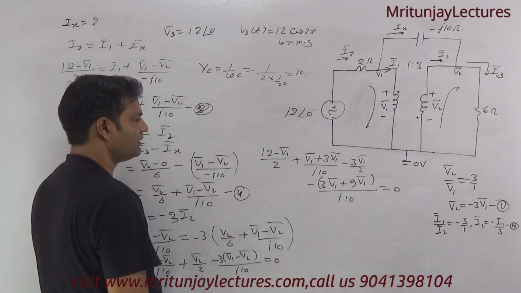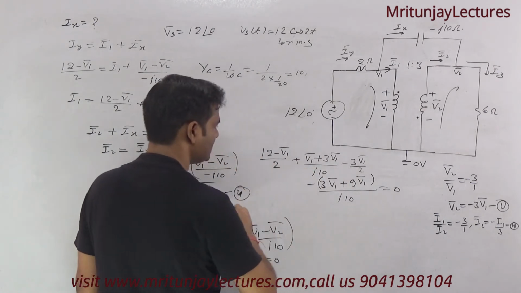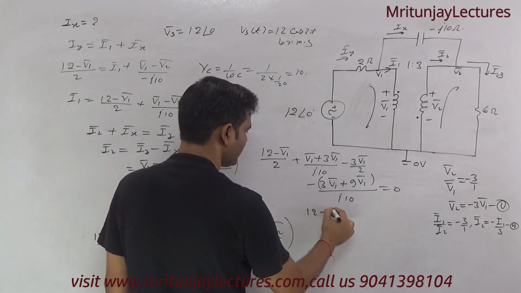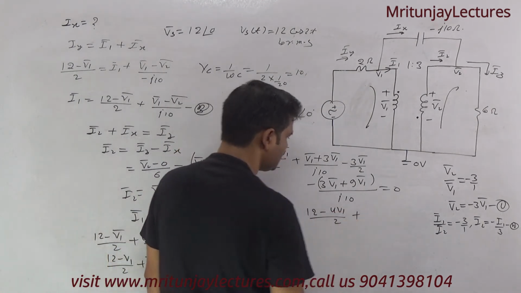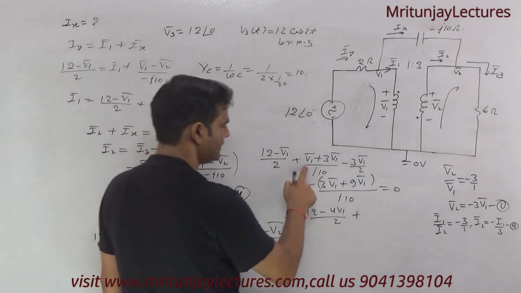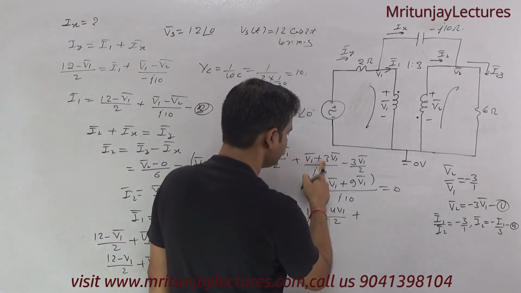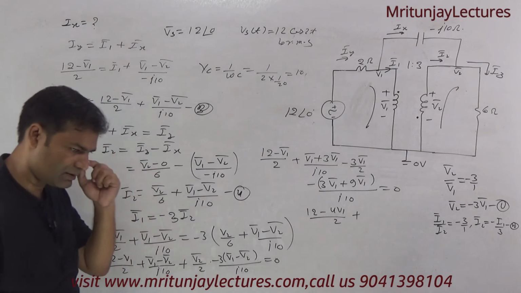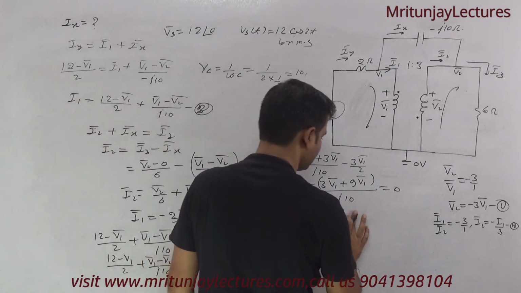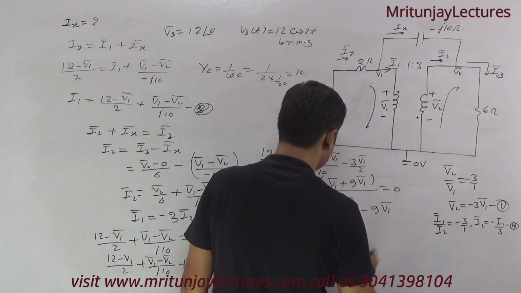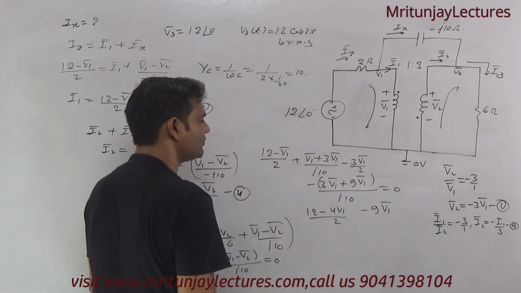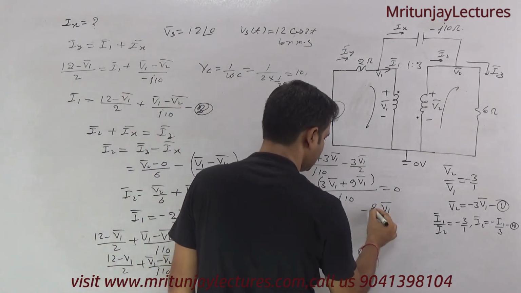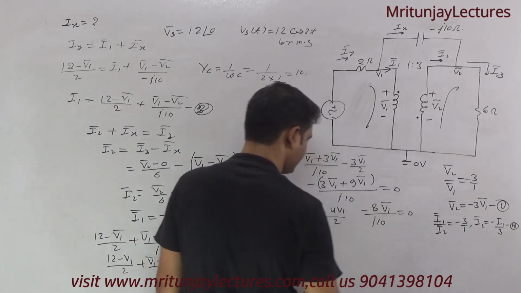Clear? Now adding these terms, that is 12 minus 4 V1 divided by 2, and adding 4 V1 minus 12, that is 8 V1 divided by j10, will be equal to 0.